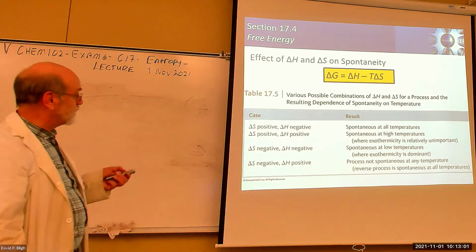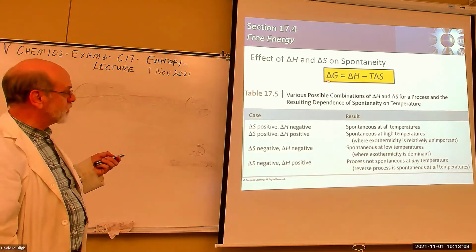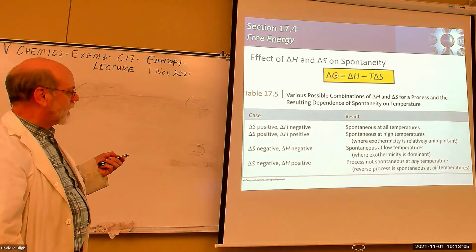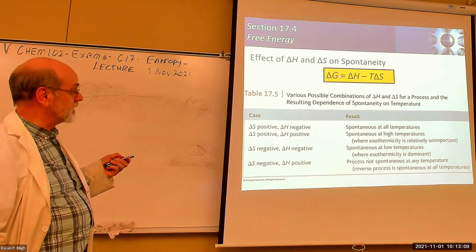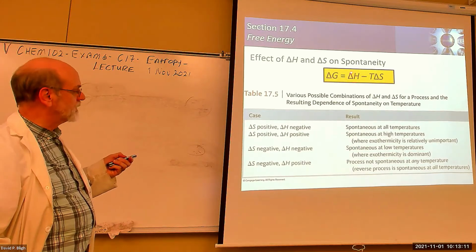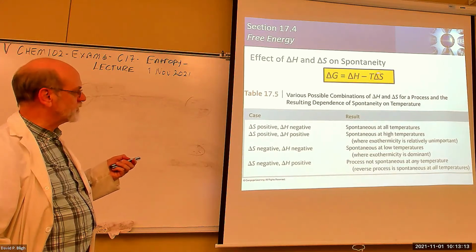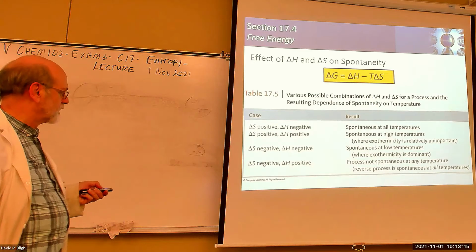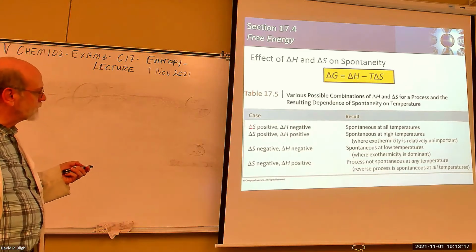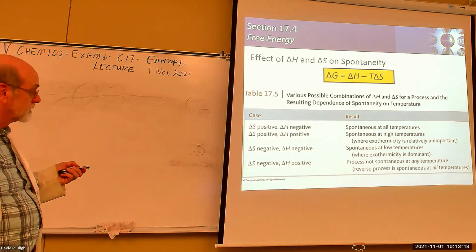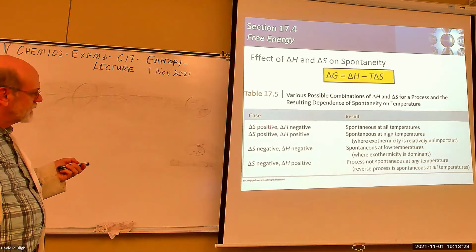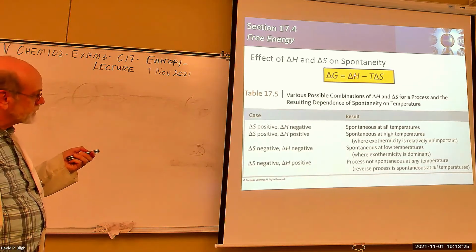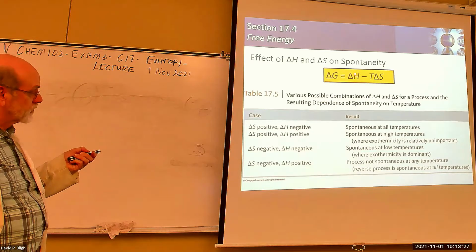So here's what you can expect if we use the Gibbs free energy equation. All we have to do is ask what the sign on delta G is, based upon the magnitude and the sign on these factors. If delta S for the system is positive and delta H is negative, delta H being negative is a good sign for spontaneous.